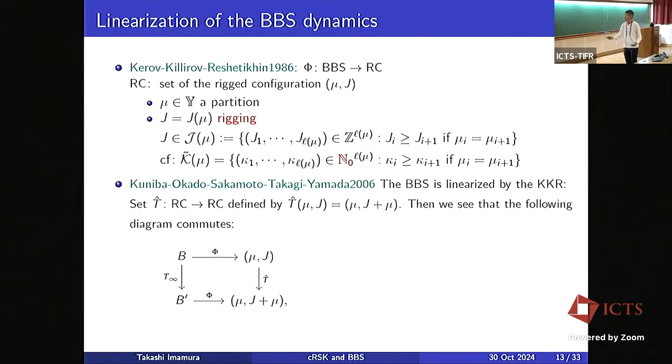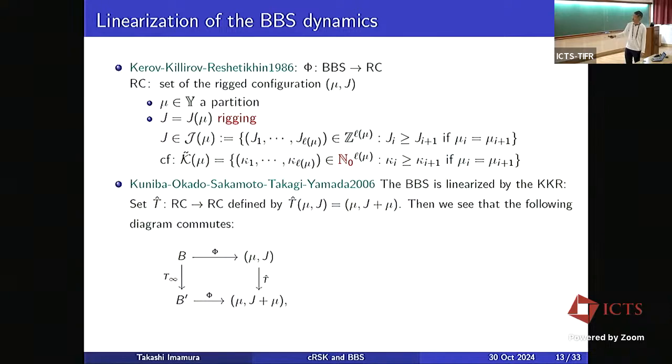Okay. It has been known that the BBS dynamics can be linearized by the KKR bijection. In the SL2 case, the KKR bijection is a bijection between the space of states of the BBS and certain pairs called rigged configurations, where mu is a partition and J is a sequence of integers having a condition depending on mu.